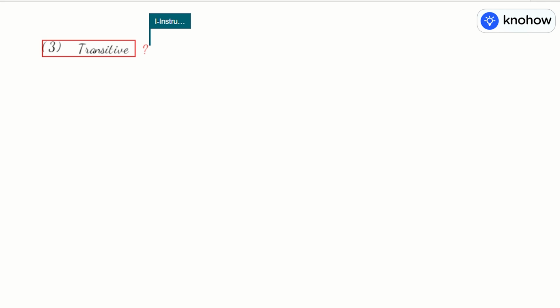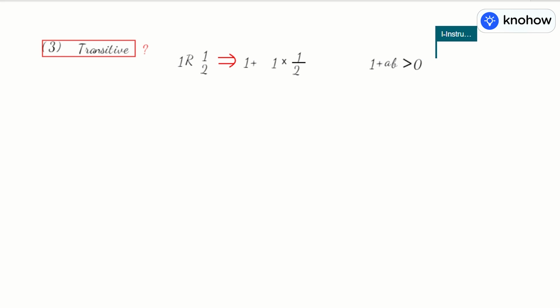So I choose first of all 1 related to half. Let's see if it is true. The relation is that 1 plus AB should be greater than 0. Here I have taken A equal to 1 and B equal to half. How do you verify? 1 plus 1 into half is 3 by 2, which is greater than 0. That means 1 is related to half.